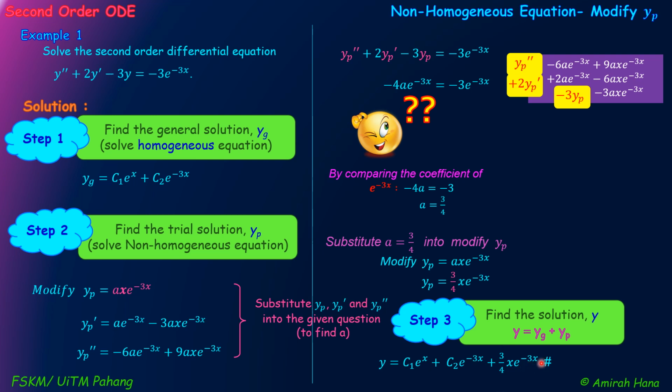This is the general solution for the second order non-homogeneous differential equation, where we modify yp. Since the question is not given the initial condition, we do not need to find the value of C1 and C2. So this is the final answer for this question.